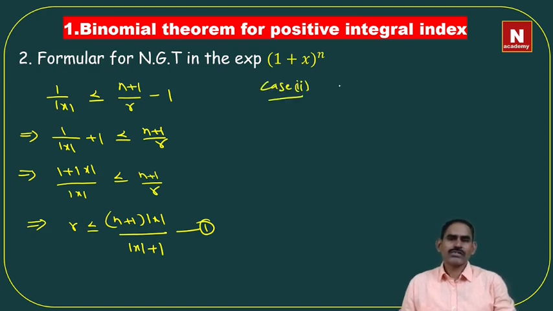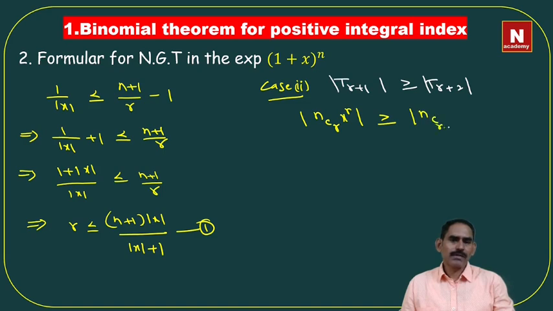Next, case 2: modulus of t(r plus 1) is greater than or equal to modulus of t(r plus 2). That implies the (r plus 1)th term, modulus of nCr x power r, is greater than or equal to modulus of nC(r plus 1) x power (r plus 1).